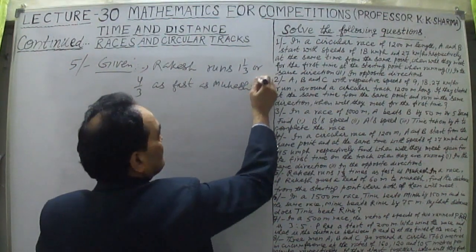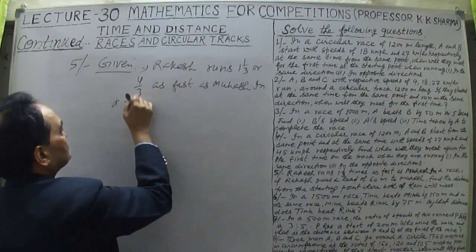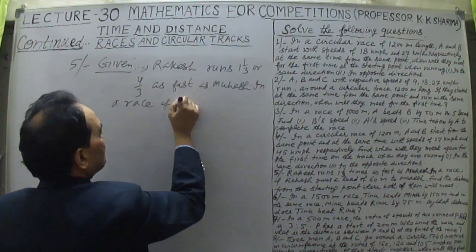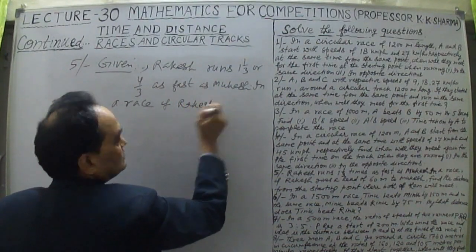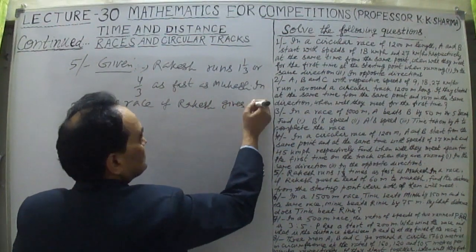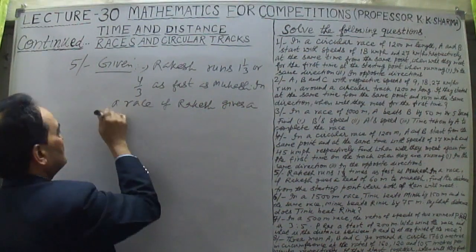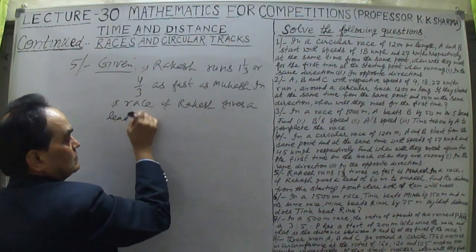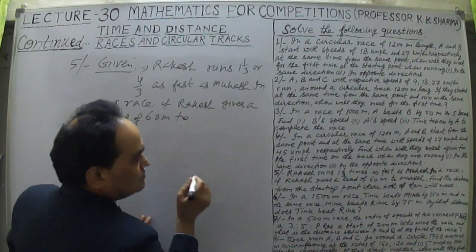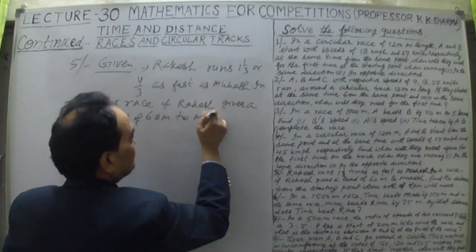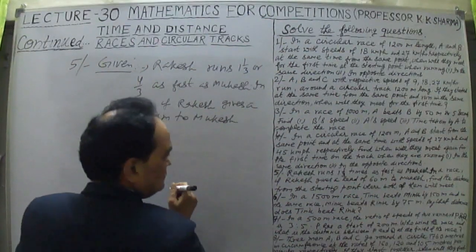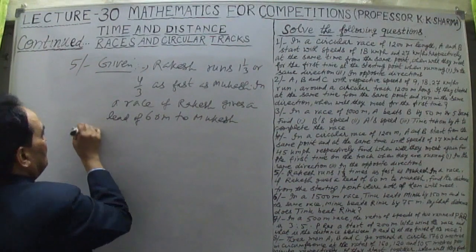Now it says like this: in a race, if Rakesh gives a lead of 60 meters to Mukesh. This is the point here.